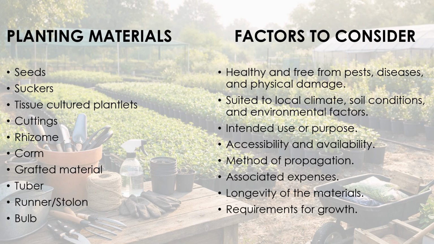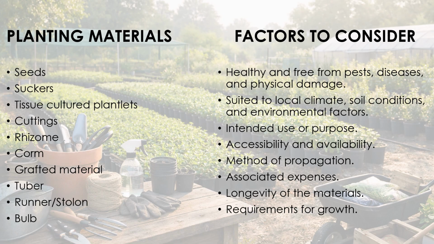By considering these factors, we ensure that our planting materials will not only survive, but also give us the best results in terms of yield, quality, and sustainability. In summary, the success of any nursery or farm begins with a careful selection of planting materials.